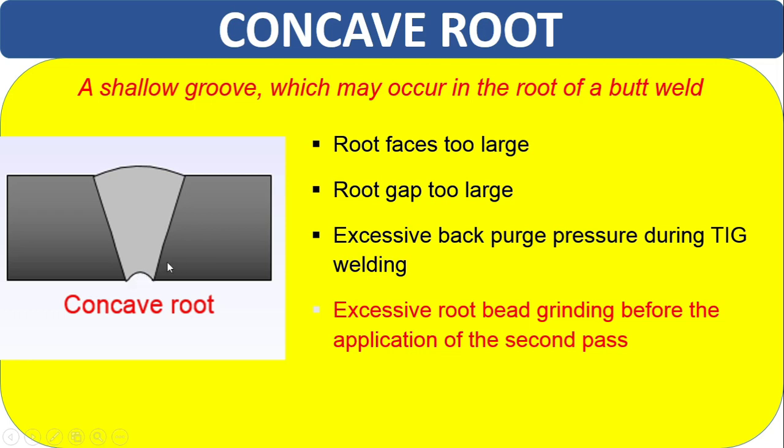So what will happen? When the next run is melted, it is hot, and when the second run cools, it will shrink, so it will become upside. That's why excessive root bead grinding before the application of the second pass causes it.